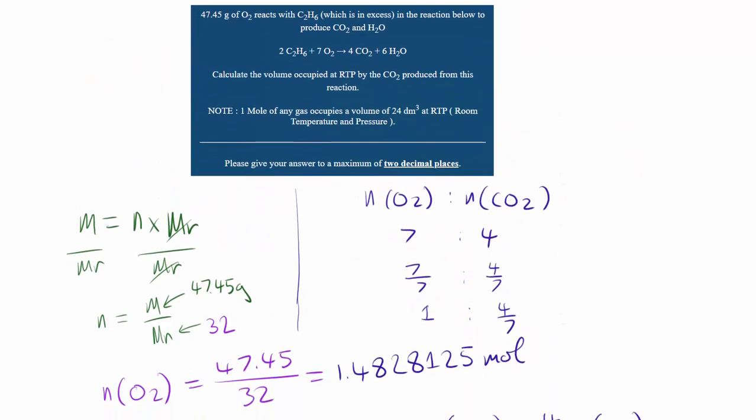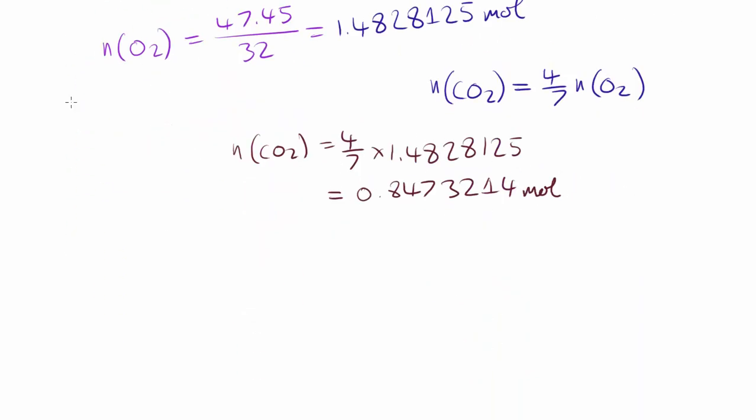Recall that the question asks us to work out the volume occupied, specifically at room temperature and pressure, by the carbon dioxide produced from the reaction. At room temperature and pressure, 1 mole of any gas is going to occupy a volume of 24 decimeters cubed. So we can work out the volume occupied by multiplying this value by 24.